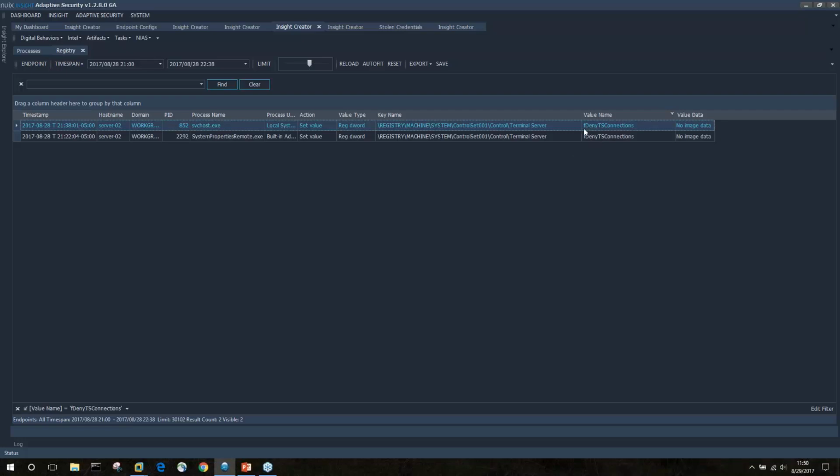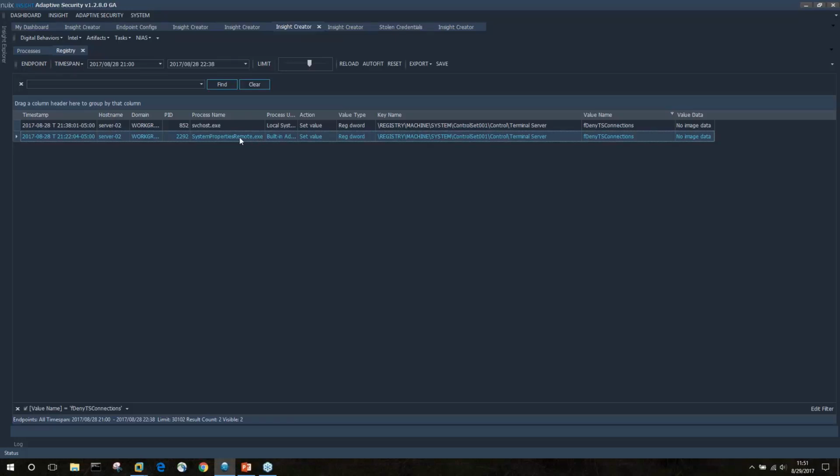When we see this value name of fDenyTSConnections changing, we know that the machine's ability to accept or deny remote dial-up connections has been changed. So in the case of service host, that's pointing at using regedit remotely. And in the case of SystemPropertiesRemote.exe, this is using the server administrator tool on the local box to make that change.